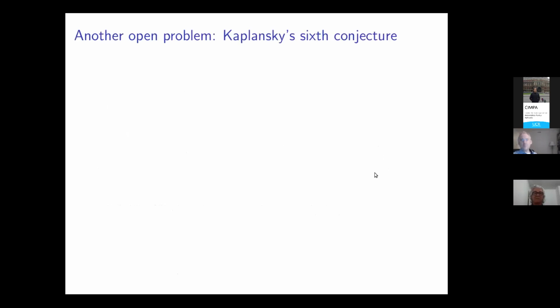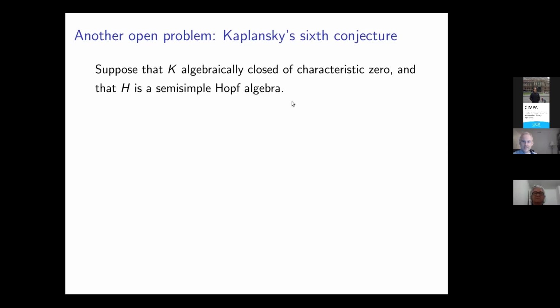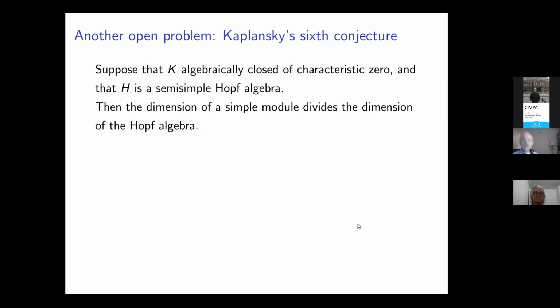And there's another open problem, which I find particularly interesting, not very easy, but highly relevant. This is the sixth conjecture. Suppose that K is algebraically closed of characteristic 0, and that H is a semi-simple Hopf algebra. The question is, does the dimension of a simple module always divide the dimension of this Hopf algebra?